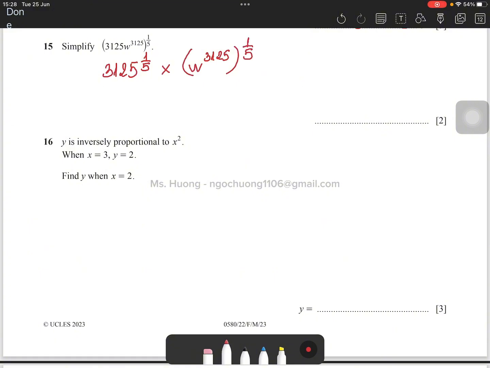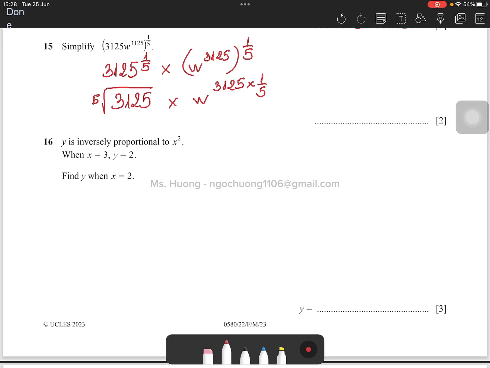For the number part, the number to the power of 1/5 means the fifth root of 3,125. And for the variable part, when we see W to the power of another power, we can multiply the two powers together, right?